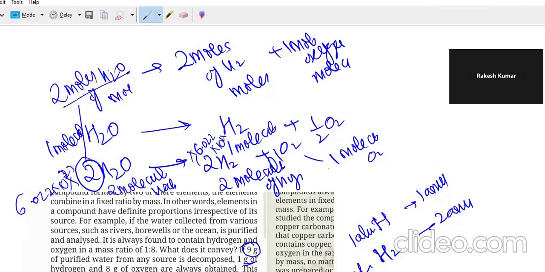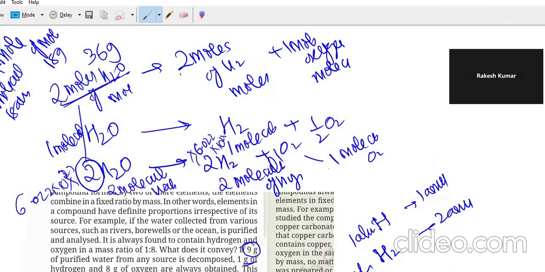Now when we say 2 moles, one molecule will be 18 AMU, but 1 mole of molecules will be 18 grams. So 2 moles will be 36 grams. 2 moles of H2 will be 4 grams and 1 mole of oxygen will be 32 grams.